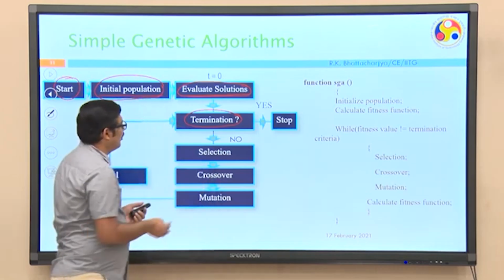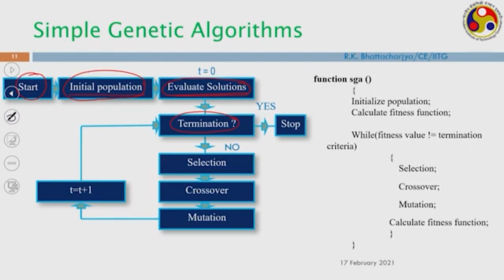I will discuss this later. So we put some termination criteria. If it is satisfied, then you stop and declare that you got the solution. But if the termination criteria is not satisfied, then in that case you go through these three genetic operators: selection, crossover and mutation.